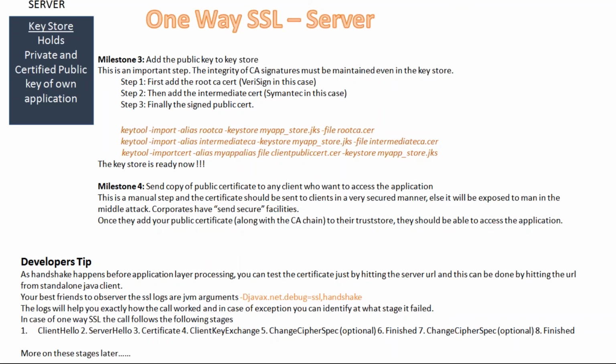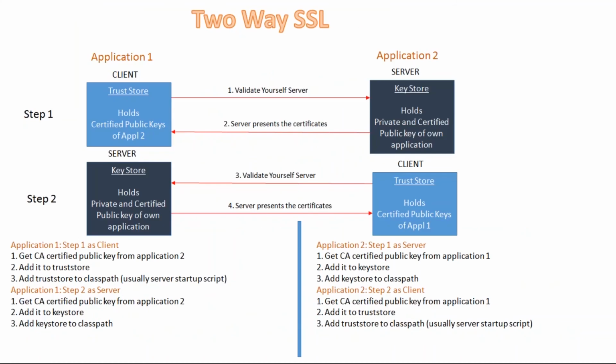So this is how you set up a one-way client and one-way server. Now there are cases wherein you want to do two-way SSL. If you want to do a two-way SSL, part one is the same as one-way SSL, that application 1 acts as a client and application 2 acts as the server.